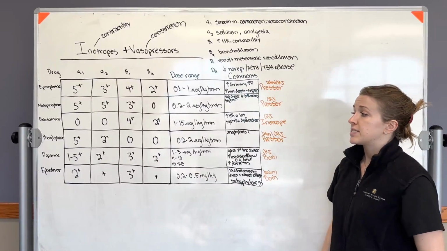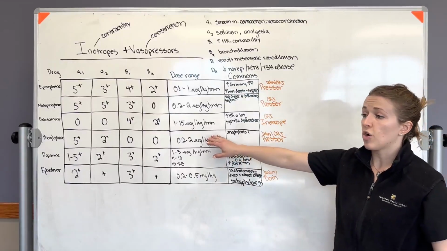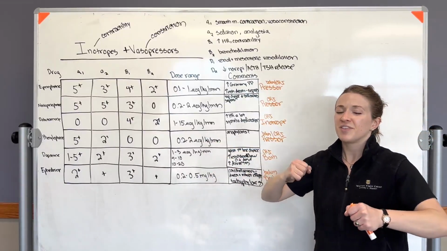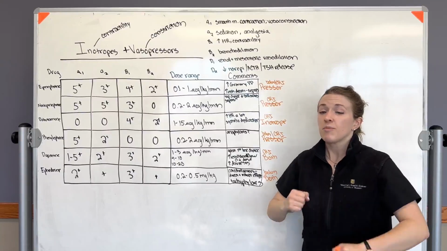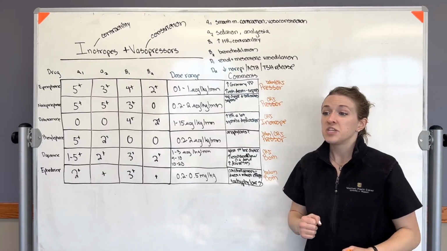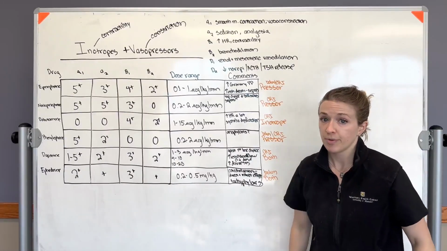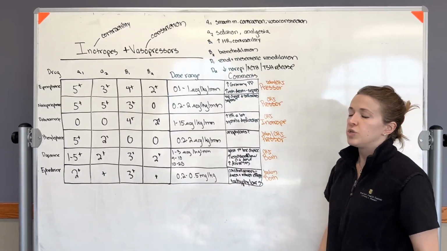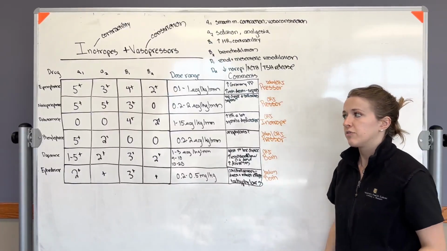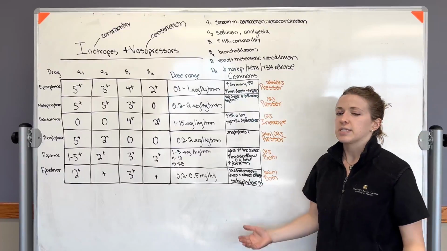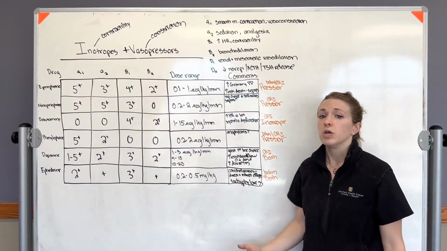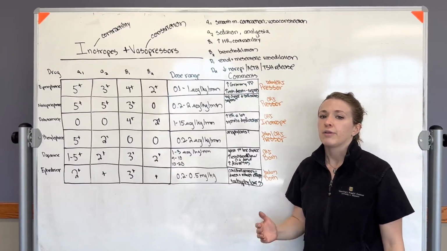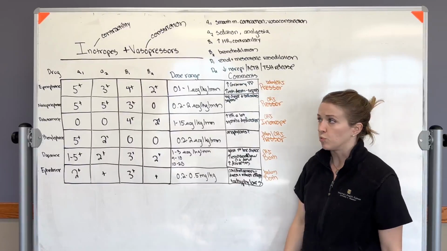So what that means is that if you give a bolus of one of these drugs and an animal gets very, very, very vasoconstricted, sometimes they'll get so vasoconstricted that the heart rate will drop. So that is something you do need to be aware of, and that is why it is very important to place a second IV catheter or to clamp the CRI and stop it if you just have one.